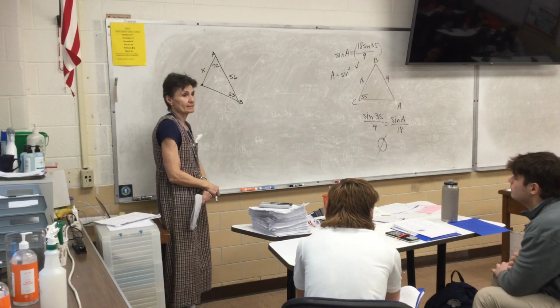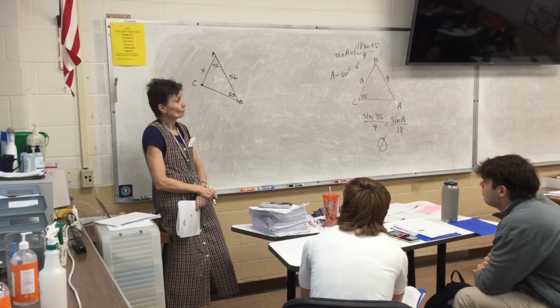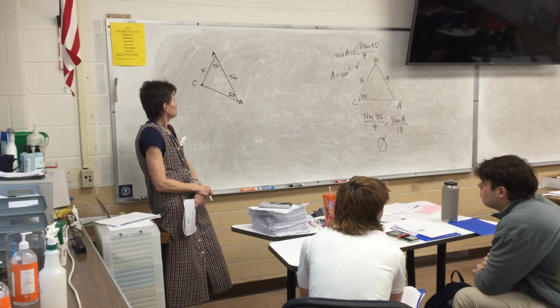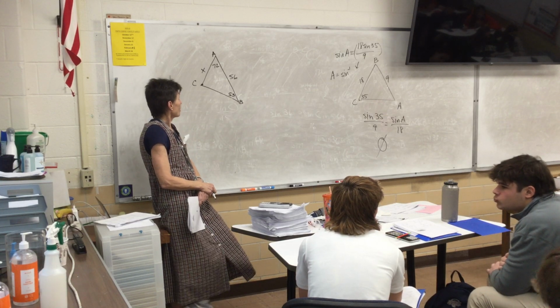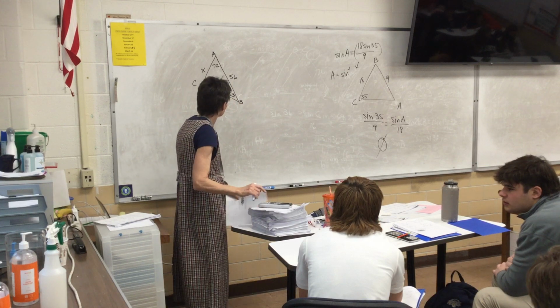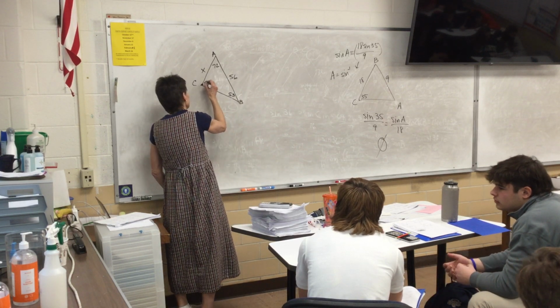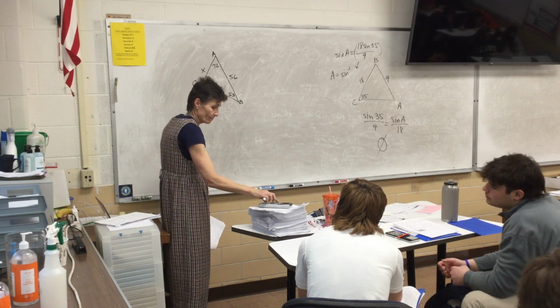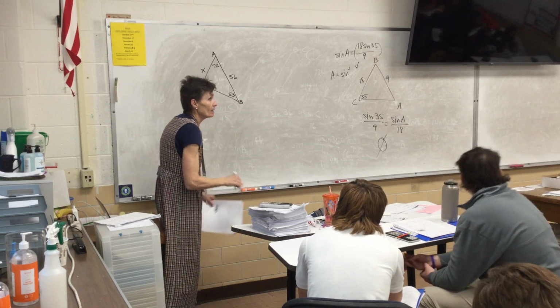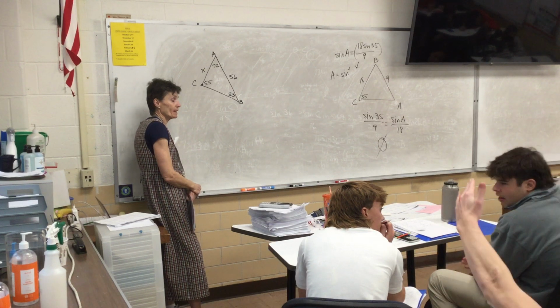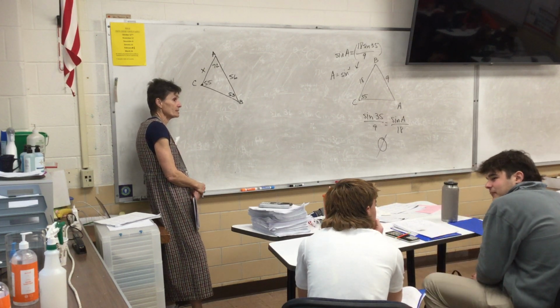Okay, does that make sense to everybody? Okay, what's our missing angle there? 55, you say? Okay. If it's 55, then I guess I can set up my law of sines.